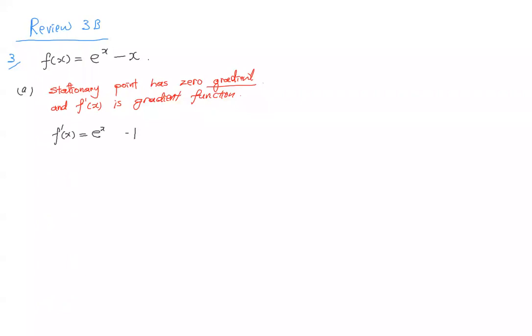Right? Then we equate it equal to 0. Then we have e to the power x is equal to 1. Am I going too fast? So x equals ln 1.